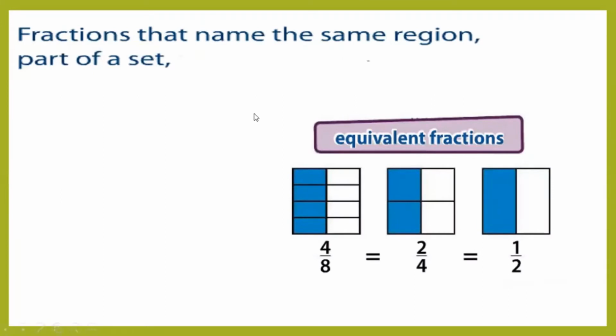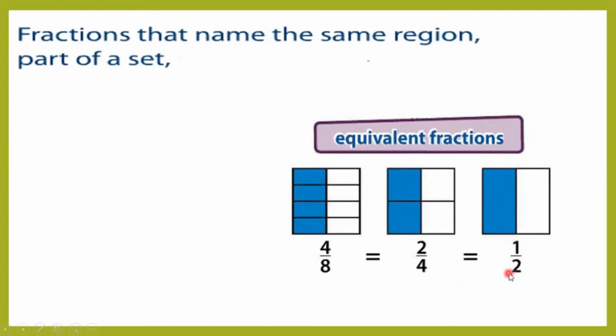Here, what is the meaning of equivalent fractions? Look at the shapes. We have the same shape, a rectangle, 3 rectangles, and we cut the first one into 2 equal parts. Each part represents half, 1 out of 2.